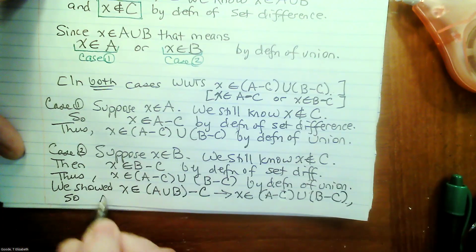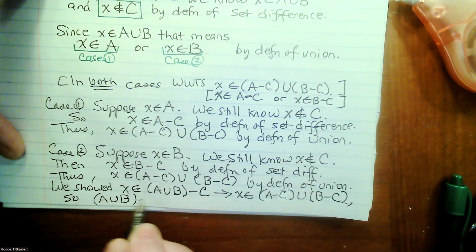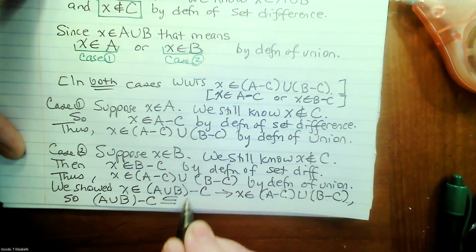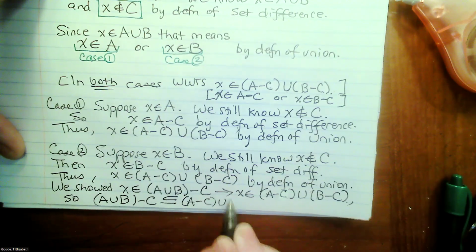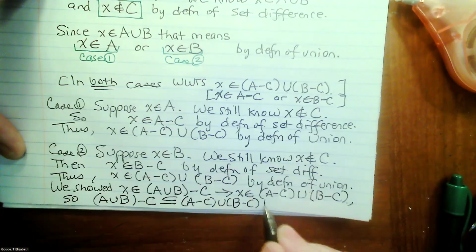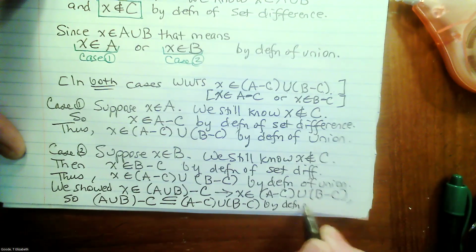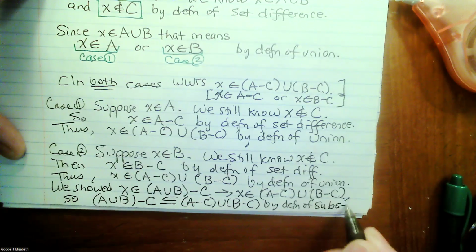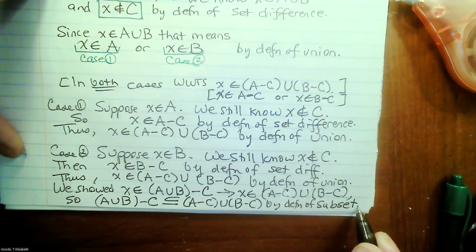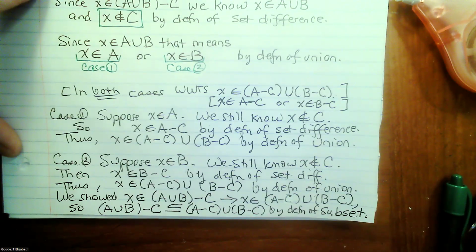So, in fact, A union B minus C is a subset of A minus C union B minus C by definition of subset. It just fits. But it does fit. So we'll call it a win.